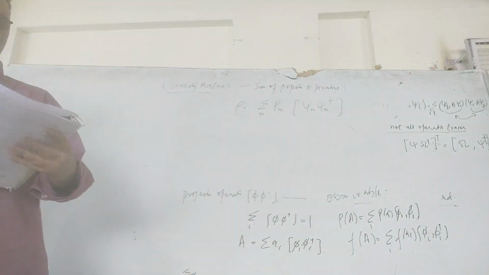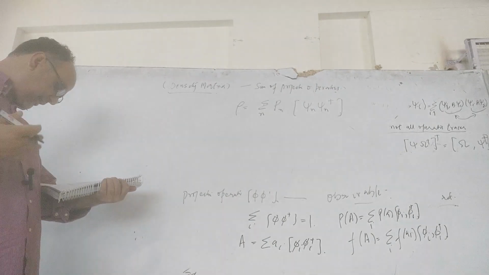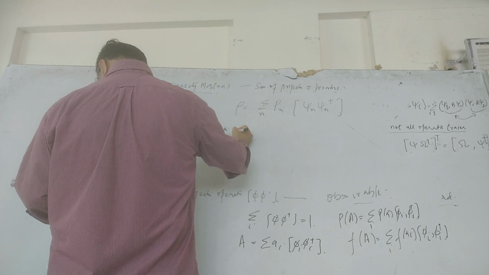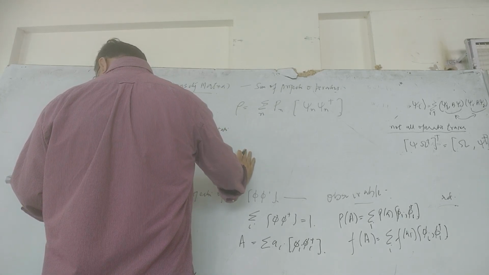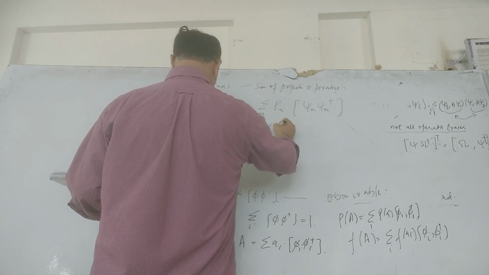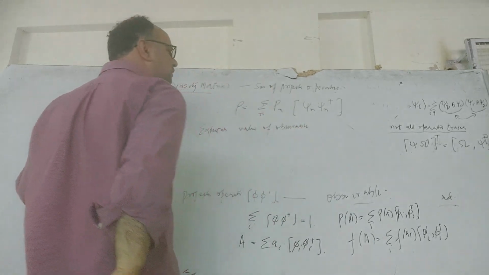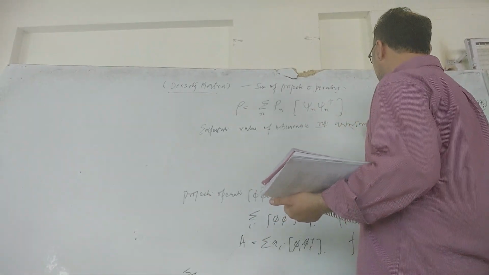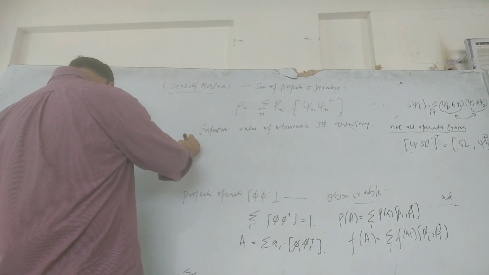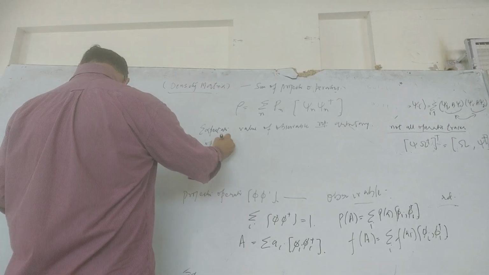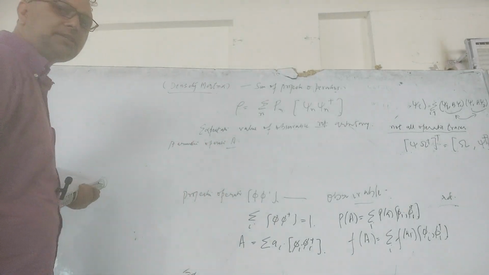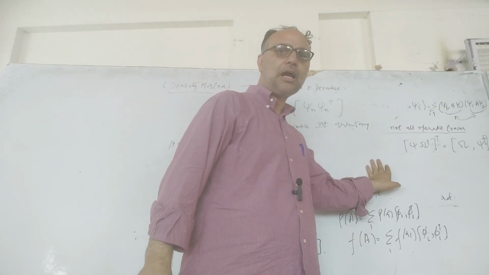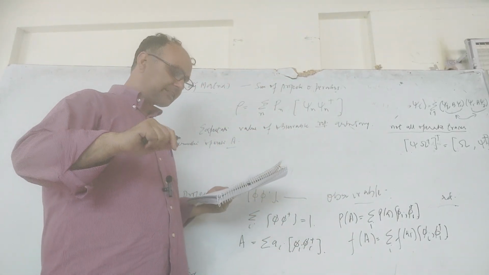So the way we have introduced Born probabilities, you can also introduce the expectation value of an observable, which is represented by an arbitrary Hermitian operator A. So it's the sum of these different expectation values, which is sort of statistical.